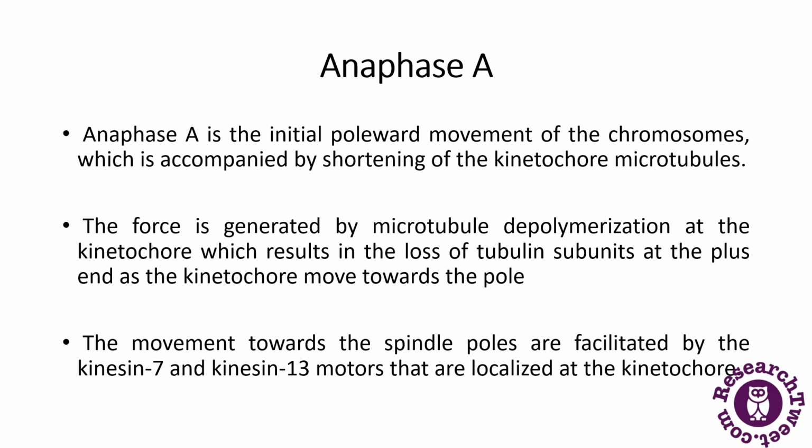This force is generated by microtubule depolymerization at the kinetochore, which results in the loss of tubulin subunits at the plus end as the kinetochore moves towards the pole. The movement is facilitated by kinesin 7 and kinesin 13 motors, which are localized at the kinetochore.